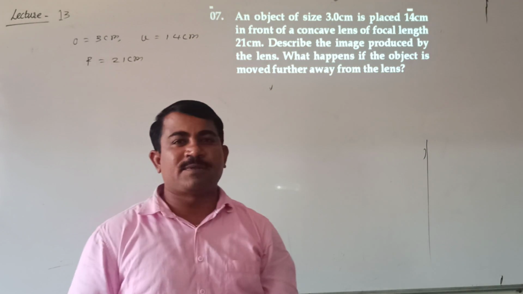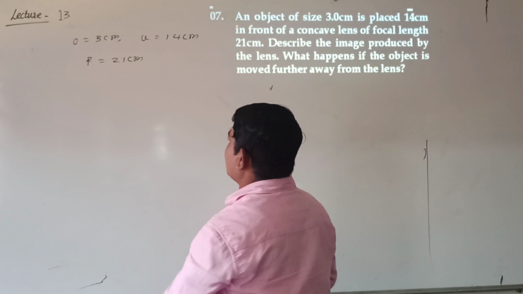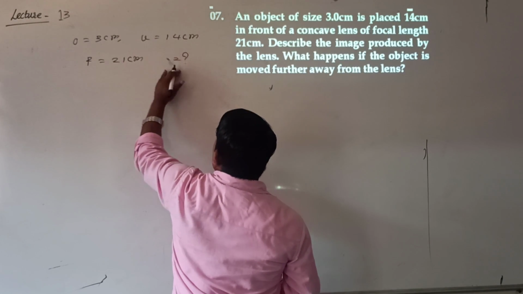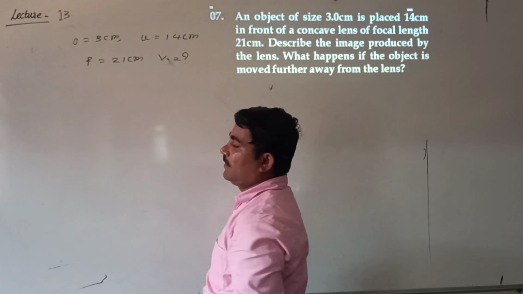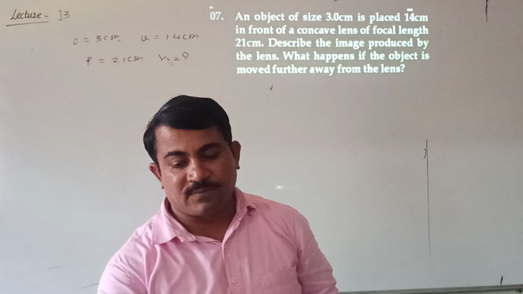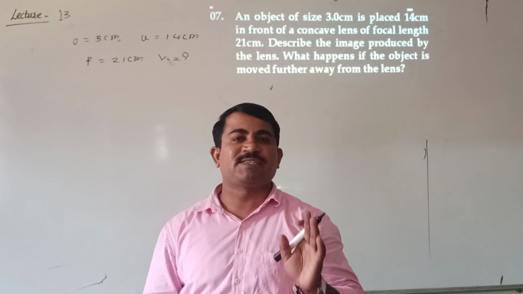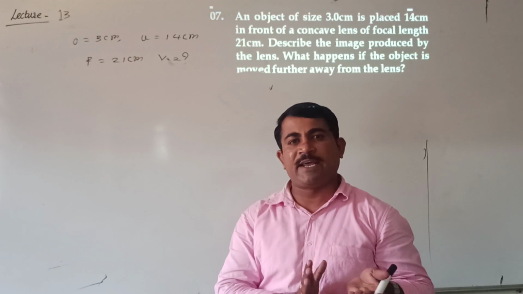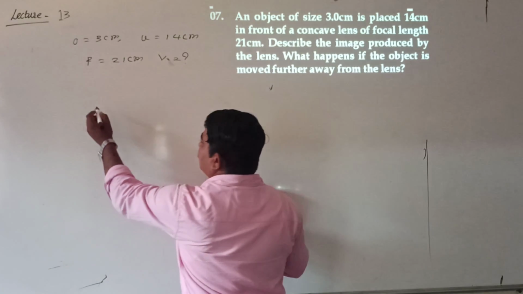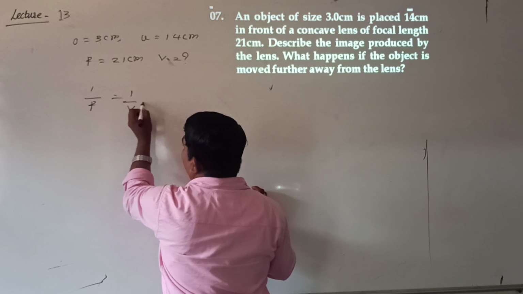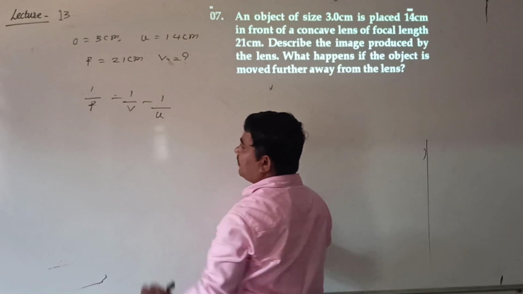Describe the image. I need the image distance for this. Very simple. To solve this, we should directly move to the lens formula. What is the lens formula? 1 divided by F is equal to 1 divided by V minus 1 divided by U.